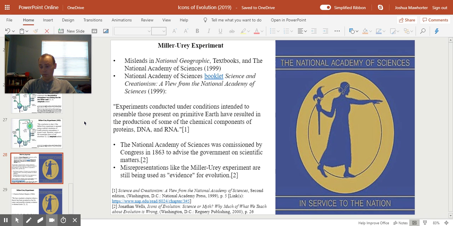If they want to prove a point, that's fine. But what's not fine is trying to use evidence that is not even recognized by the scientific community in order to prove a certain worldview. So misrepresentations like the Miller-Urey experiment are still being used as evidence for evolution. And if the evidence for evolution is there, then fine.